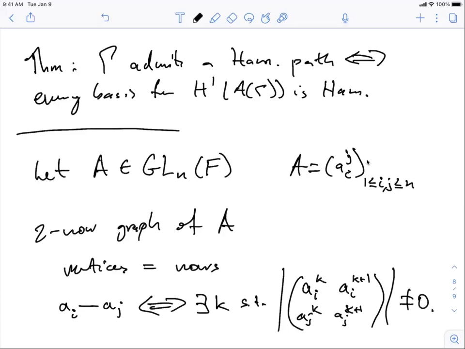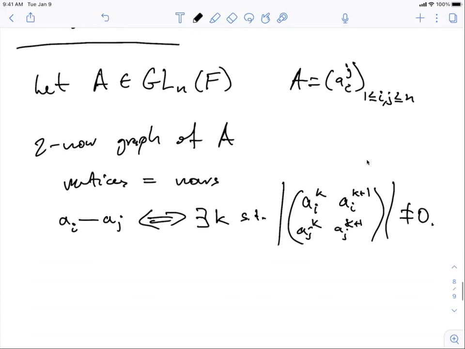So there's just this 2x2 determinant. If you put the rows next to each other, you just have to find a 2x2 minor that's non-zero, consisting of adjacent columns. The fact that the columns are adjacent is crucial here. So we'll write this thing script G sub A. So here's a theorem.